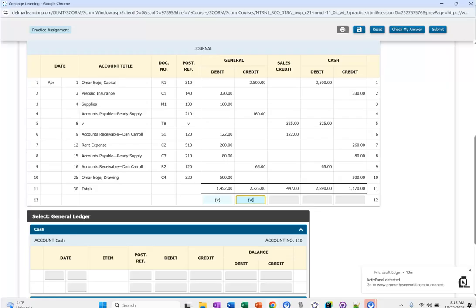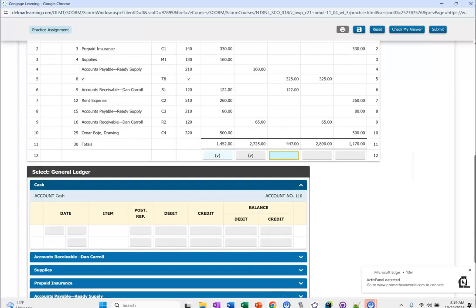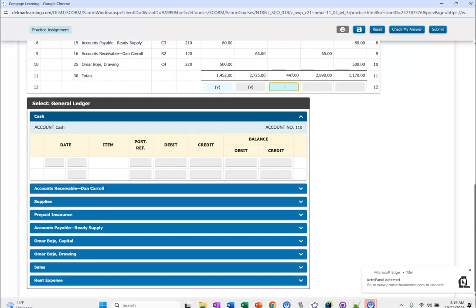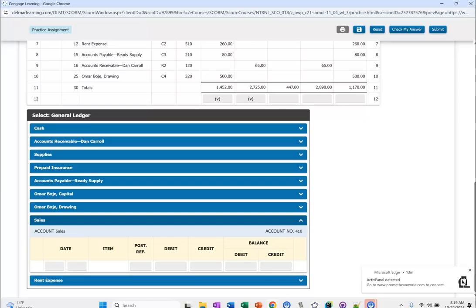All right, now let's deal with the sales credit. Where is the sales credit going to be posted? I'm going to go to the sales account in my ledger.